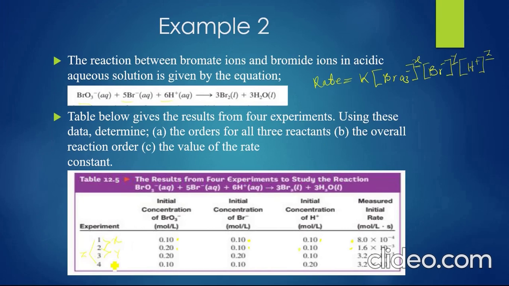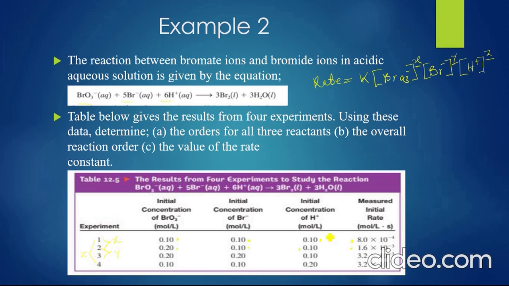On experiment 3, the initial concentration is given for bromate ion, and then for the bromide ion, the initial concentration is this, and for hydrogen ion is this one, and the rate is that. And then for experiment 2, it is given to be this.